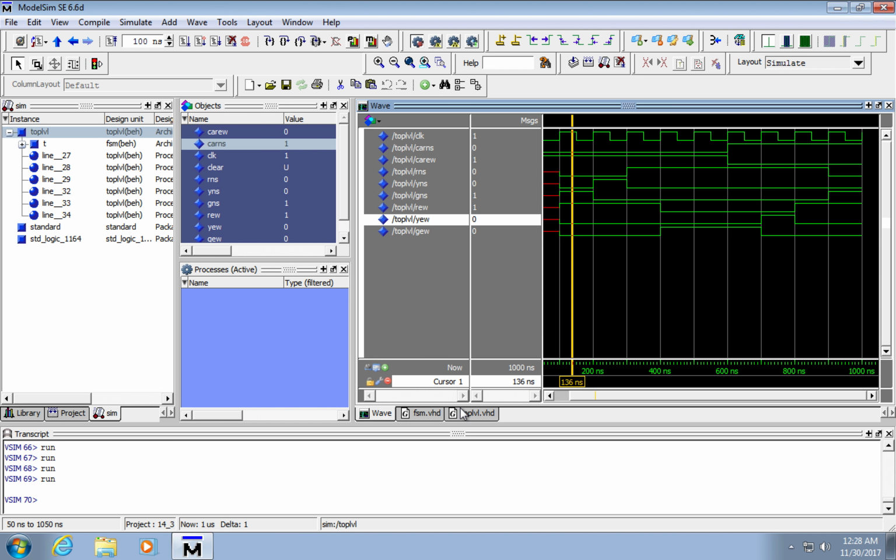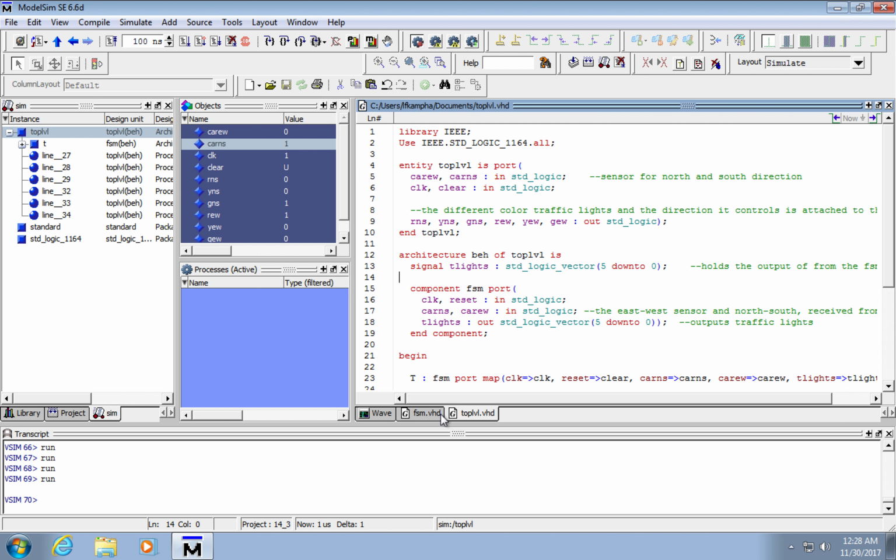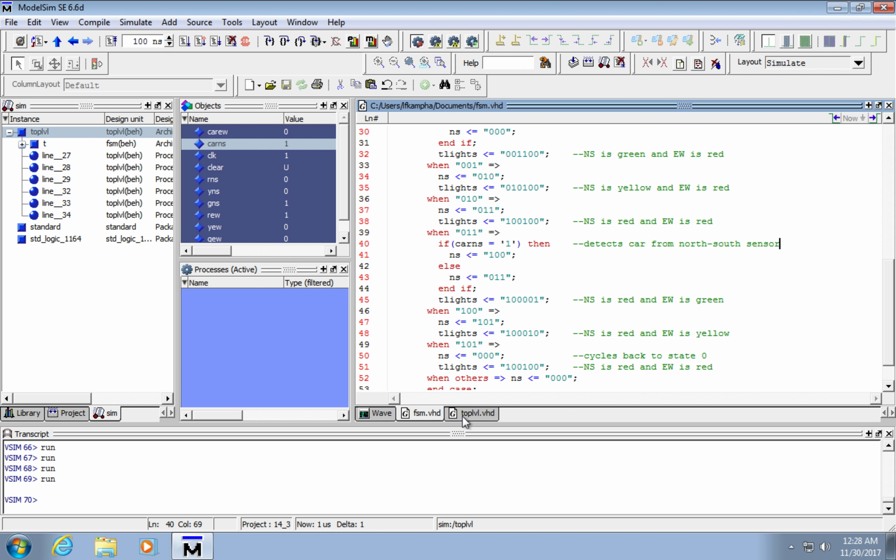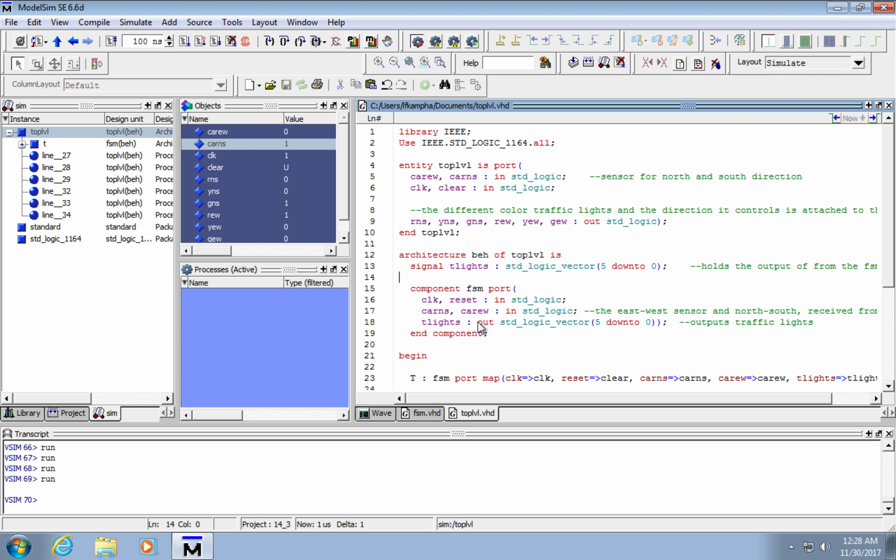So to our code, I created a component for the finite state machine. So we'll go ahead and talk about the top level. I have two inputs, car EW and car north-south. They're basically sensors for both the north-south and east-west direction.